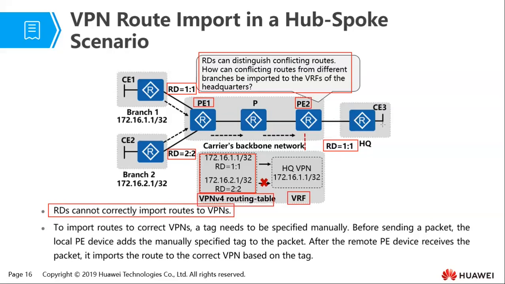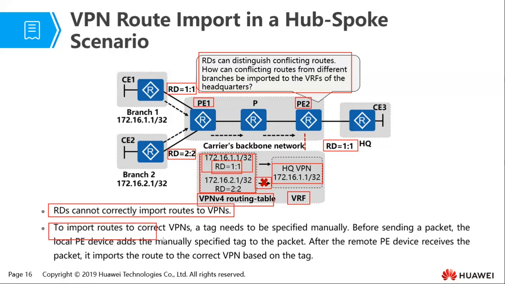So we can also configure this with 1.1. Now, the only route that PE2 can import to the HQ VPN VRF table is the one that matches the RD. So we are only going to import this route that has an RD of 1.1 because it matches our own. So this other route is going to be lost, meaning branch 2 is not going to be able to access the headquarters. So how do we cater for that particular scenario?